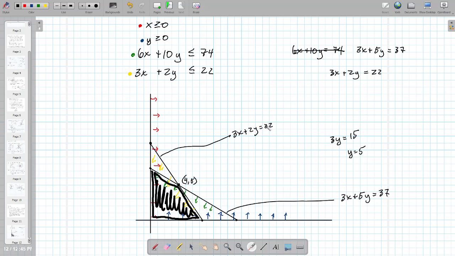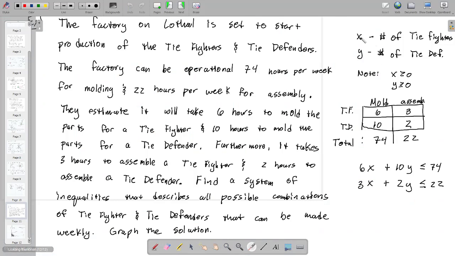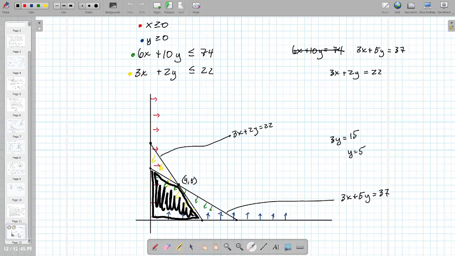Okay, so let's talk about this a little bit more. We can plot for any point that's in here. It would satisfy these two inequalities. That means that we can build that many TIE defenders and TIE fighters, depending on what our y and x are. Now remember, we defined x to be the number of TIE fighters and y to be the number of TIE defenders.